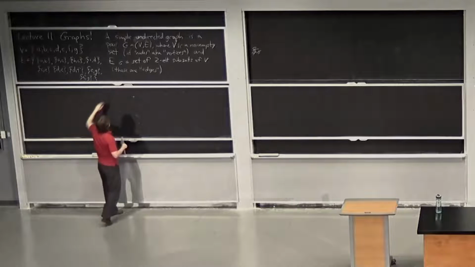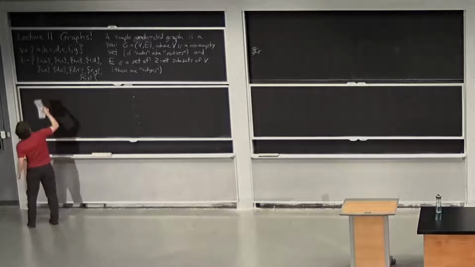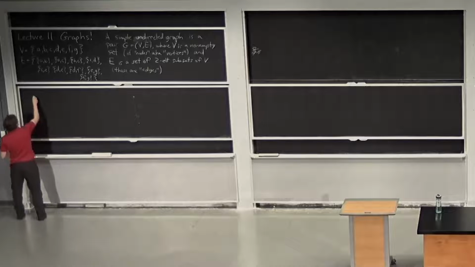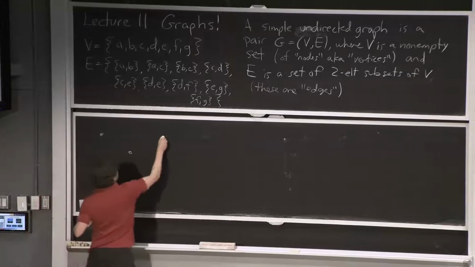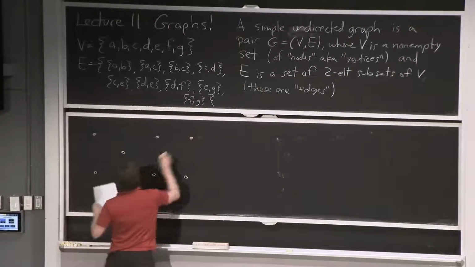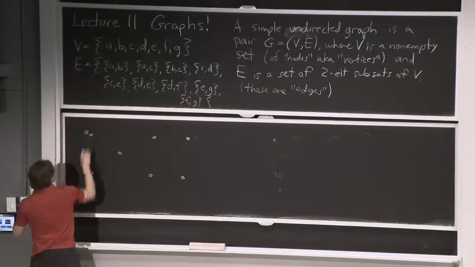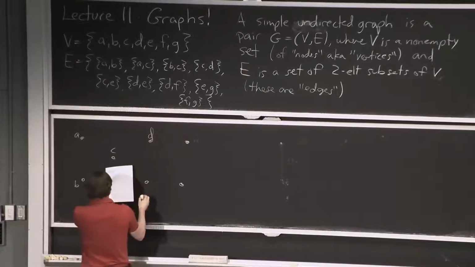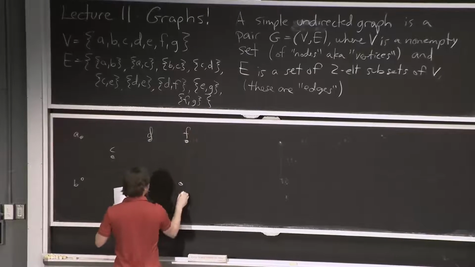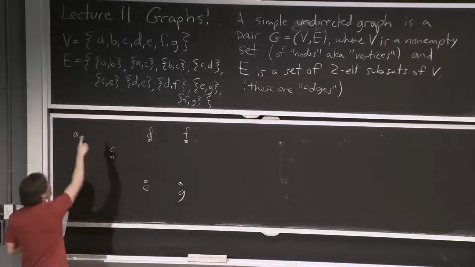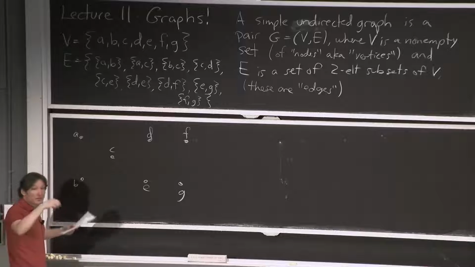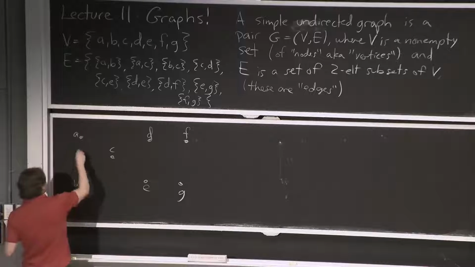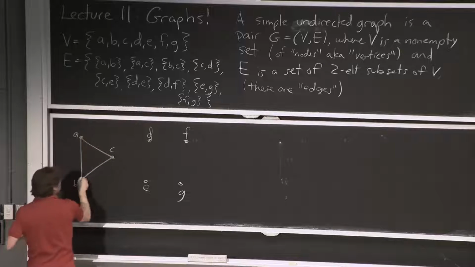Of course, I don't really think about the graph in this form. Let me give you an alternative way to express this graph up here. 1, 2, 3, 4, 5, 6, 7. These are going to be my nodes. This is A, this is B, C, D, E, F, and G. And anytime we have an edge, let's connect them by drawing an arc between them. So we have AB, AC, and BC.